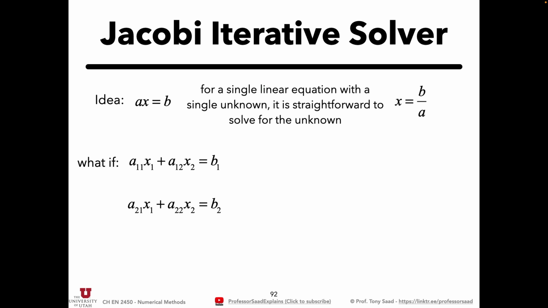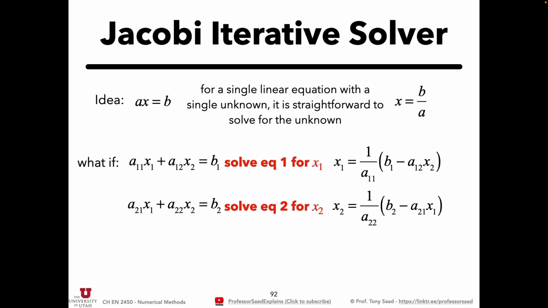I'm calling this equation 1 and this equation 2. And he said, okay, bear with me, this is really cool. What if we solve equation 1 for x1? So just put x1 on the left-hand side, move everything to the right-hand side. Before you tell me what's happening to x2, okay? Before you say that. And solve equation 2 for x2.